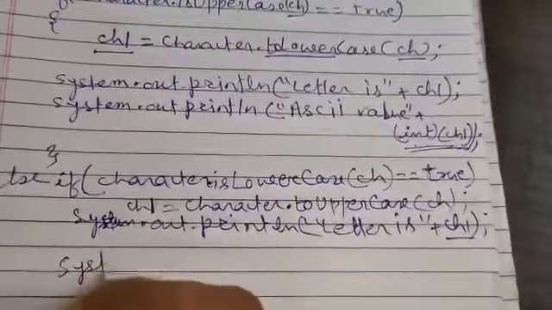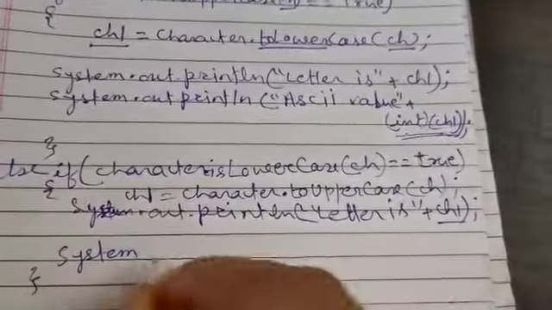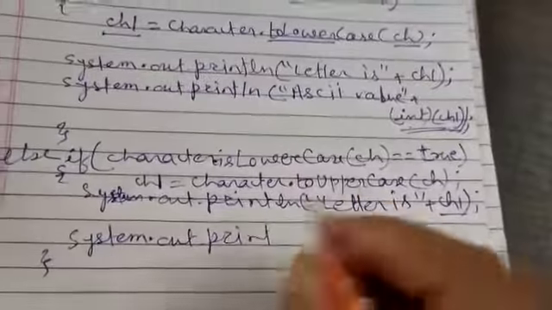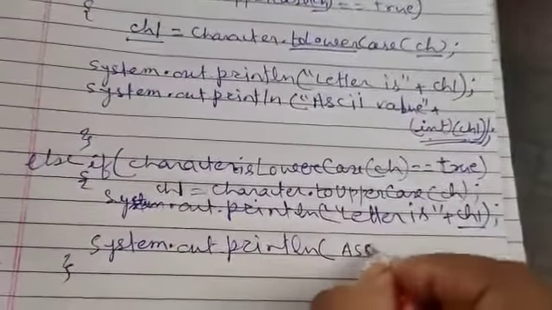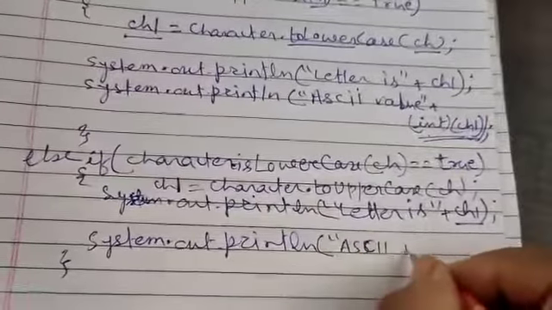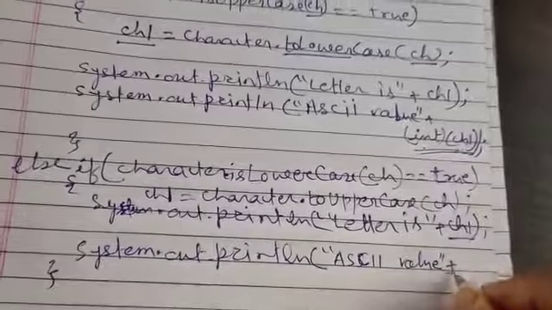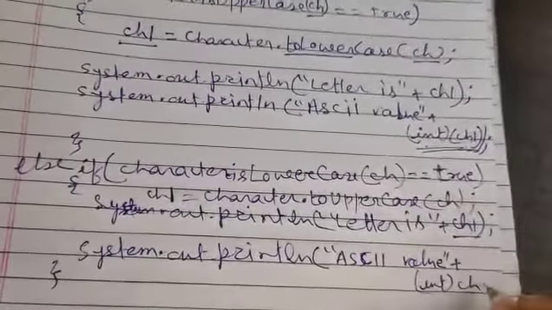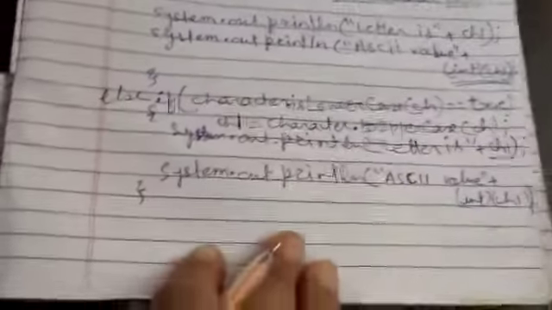And in the second line, System.out.println("ASCII value is" + (int) ch1). So this is your next.